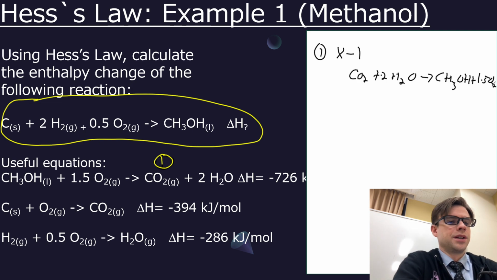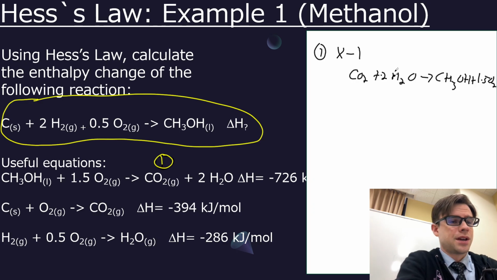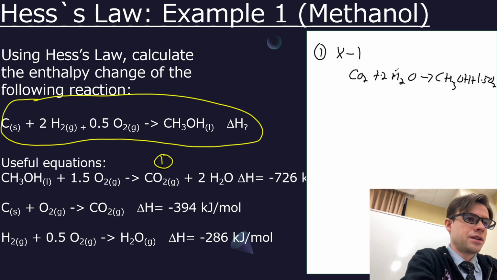I'm not going to write all the state symbols here again because we're just focusing on the compounds and the mole ratios here. So multiply by minus 1, that's reverse this, and that means that delta H of that will be 726, but when you reverse that process, the enthalpy switches the sign, because then it becomes a very endothermic process instead of exothermic to try to reverse this. So delta H equals 726, positive number.